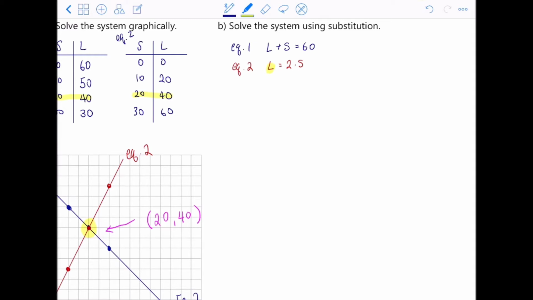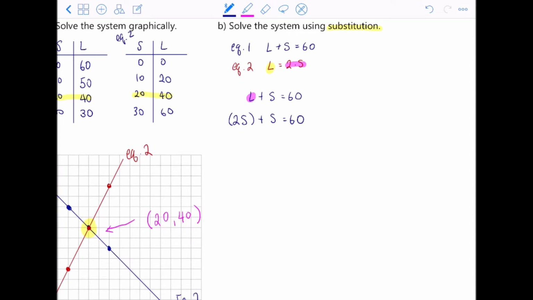So using the substitution method, we could just sub equation 2 into equation 1. Let's start with equation 1 here. We'll first state it, and you're going to sub in this expression into this L. So we can say 2S plus S equals 60.